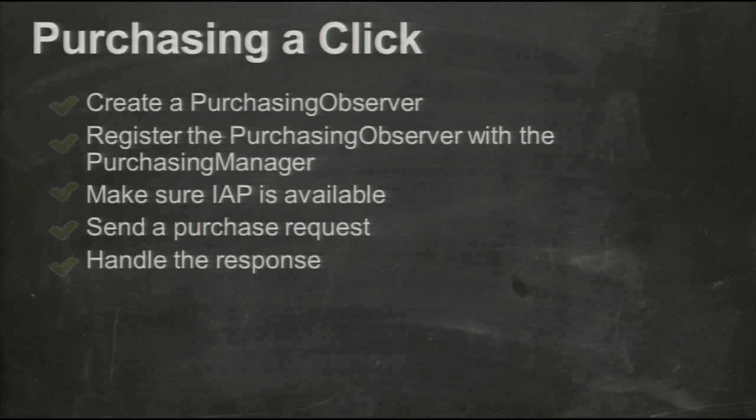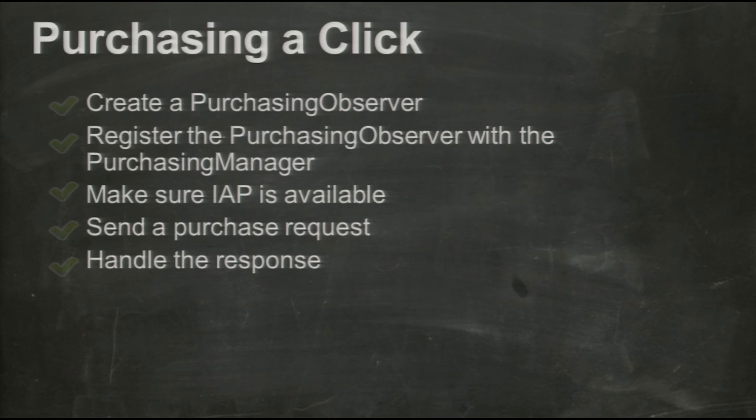So let's actually go through and look at all of the steps that are required by you as a developer to enable purchasing a click within your application. How much code is it, and what do you actually have to do? What do you actually have to concern yourself with? So we're gonna walk through these steps here. The first of which is you need to create a purchasing observer.